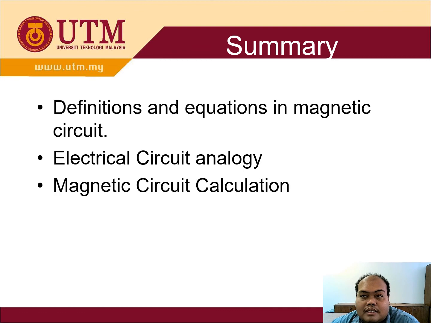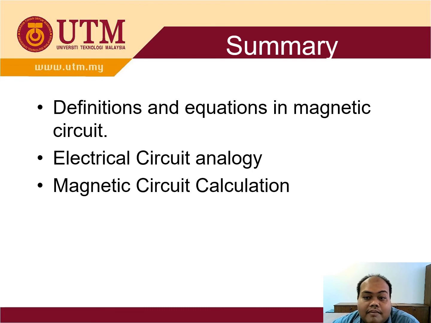If there is a difference in area, length, dimension or material, make sure you represent it with a different reluctance. If the area, length and material are the same, just use the same reluctance. Make sure you know that.